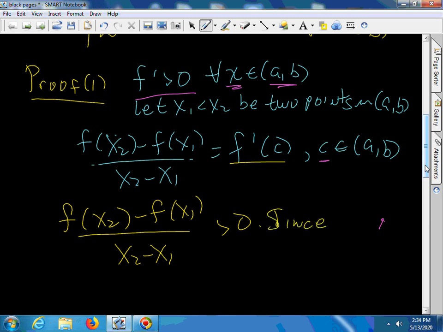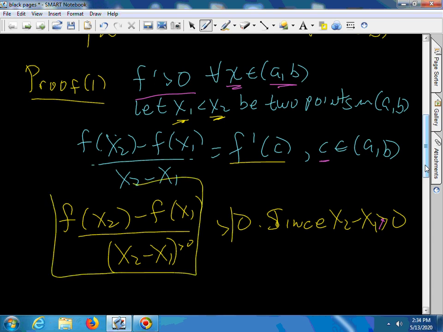Since x2 minus x1 is positive because x2 is bigger than x1, the denominator is positive.